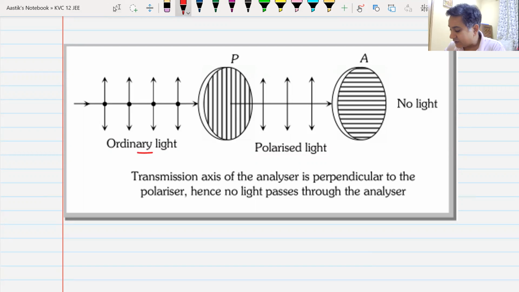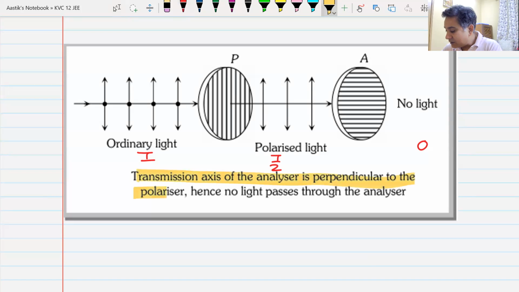Intensity I, here I by 2. On this side, it is nothing, 0. I've seen questions where they have drawn this diagram and asked what will be the intensity on the other side. It's very simple. If it is perpendicular, the intensity on the other side after the analyzer is going to be 0. That is the point that you need to note.